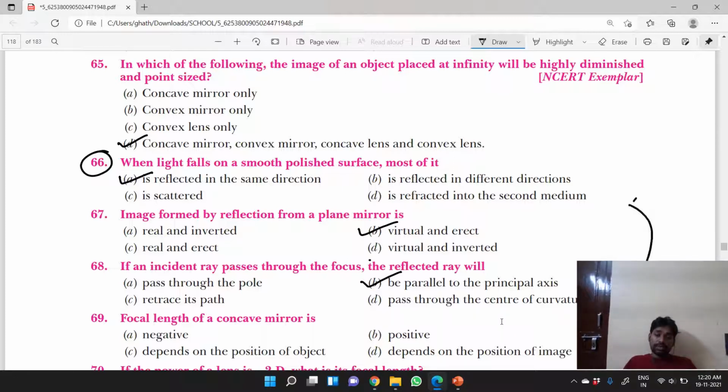See, this is a mirror, and this is the focus. If a ray of light passes through the focus, then after reflection it is parallel to the principal axis. The focal length of a concave mirror: we are measuring it on the left side, so it is negative.